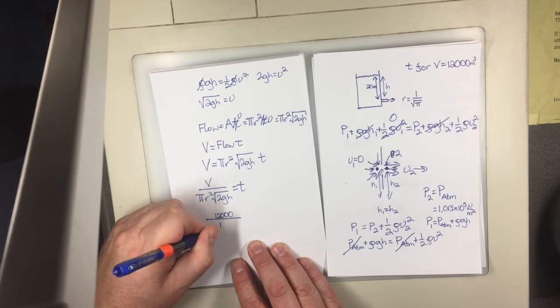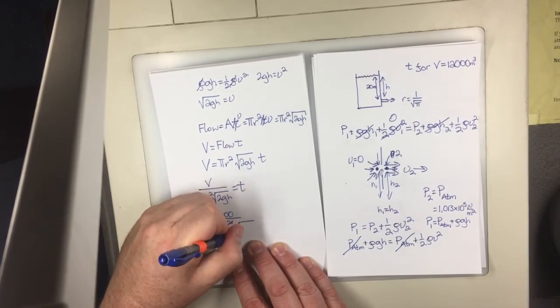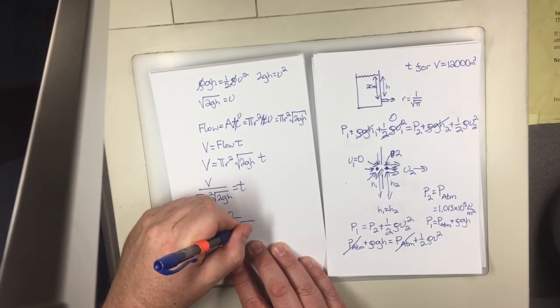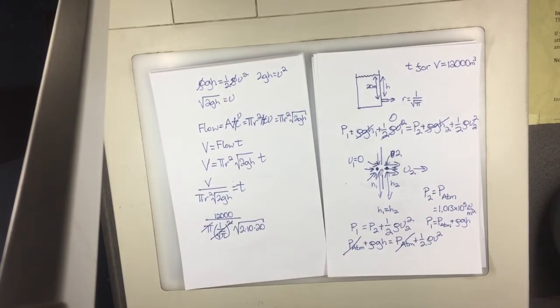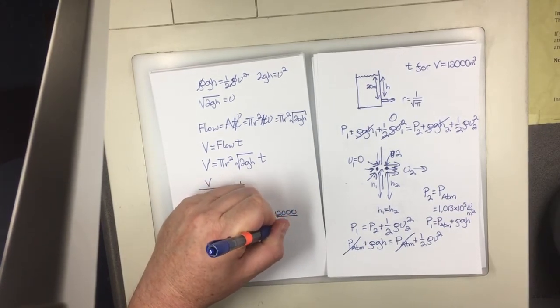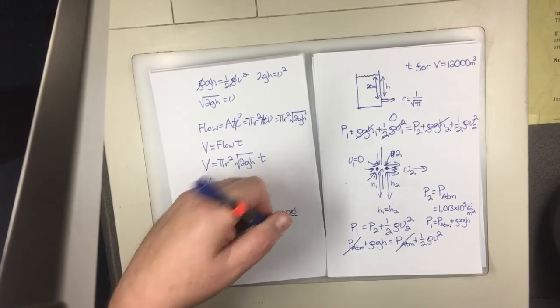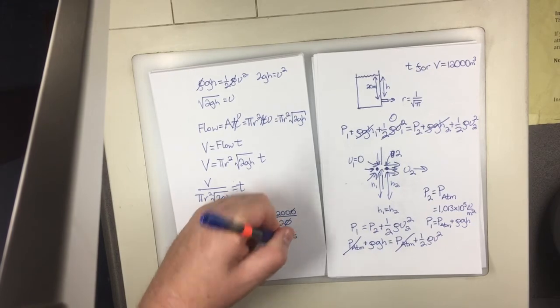R is 1 over square root of pi, squared. That cancels with that. And I'm left with 2 times 10 times 20. 2 times 10 times 20 is 20 times 20. Square root of 20 times 20 is 20. So I'm left with 12,000 divided by 20, or 1,200 divided by 2, or 600 seconds.